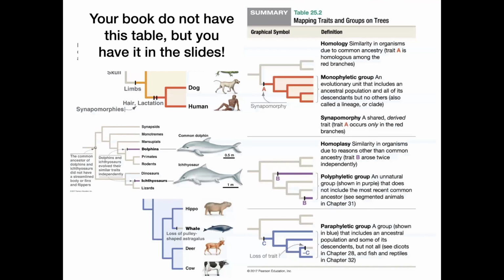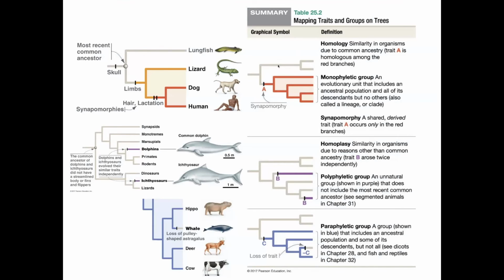So your book will have this picture here, which has some examples of trees, and it also has the definition of different groups that are formed based on the characteristics, either synapomorphies or homoplasies. So we already know that when we have a synapomorphy or a homology, we're going to have a monophyletic group.